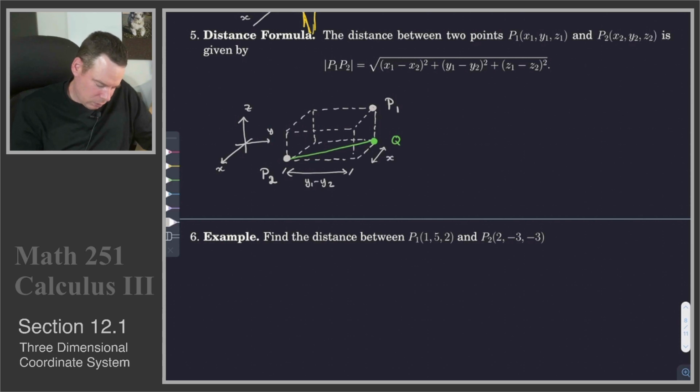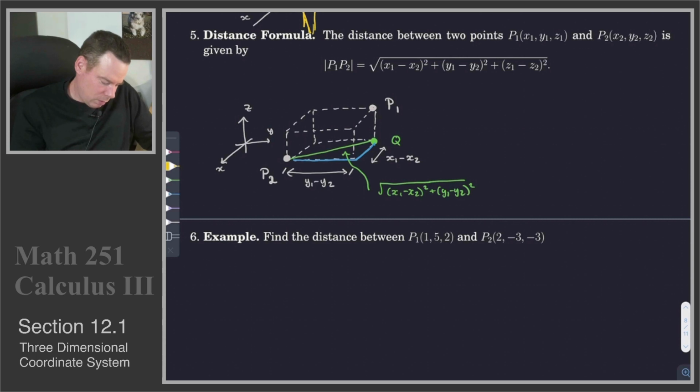That is x1 minus x2. And so I have two sides, the two legs of this right triangle in the plane. And so I can find the length of that diagonal. The length of that diagonal is the square root of x1 minus x2 squared plus y1 minus y2 all squared.